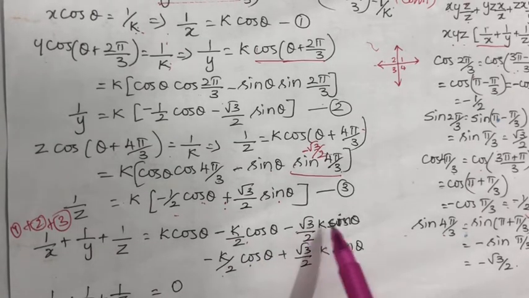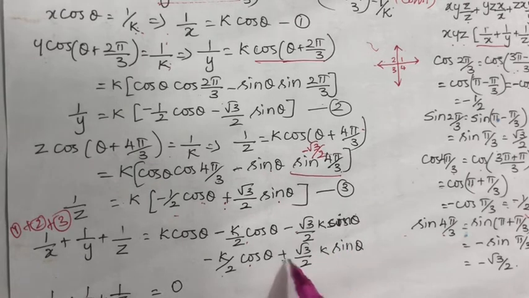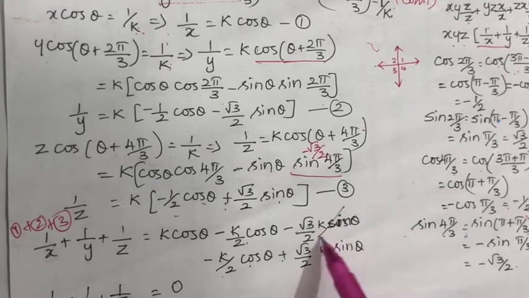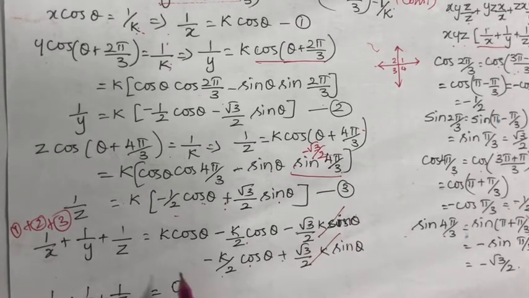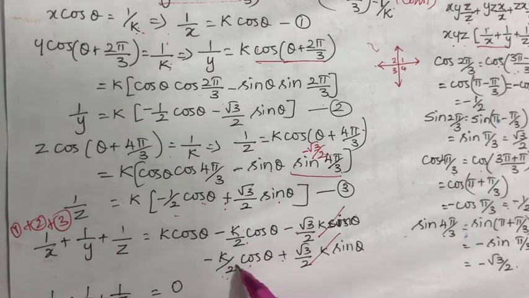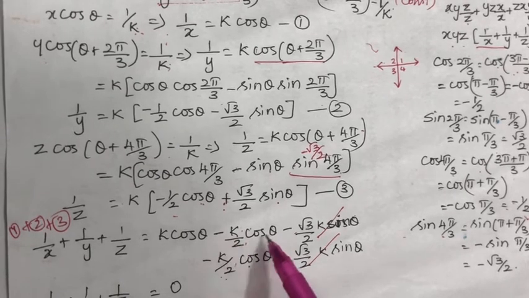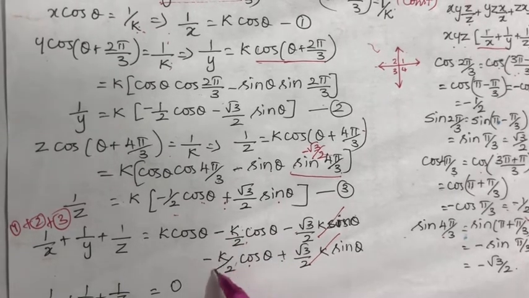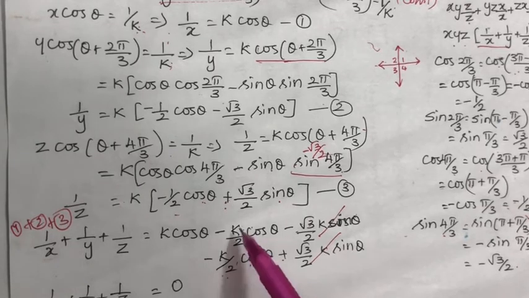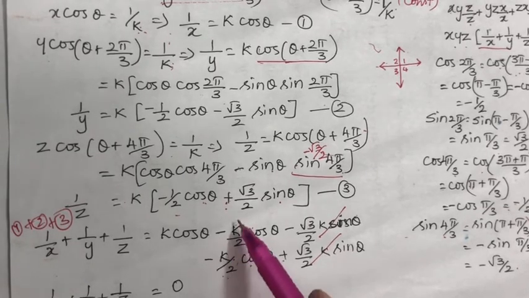So minus root 3 by 2 k sin theta plus root 3 by 2 k sin theta will get cancelled. Here k cos theta minus k by 2 cos theta minus k by 2 cos theta. Minus 1 by 2 k cos theta, and it is also minus 1 by 2 k cos theta. So minus 1 by 2 minus 1 by 2 will become minus 1.